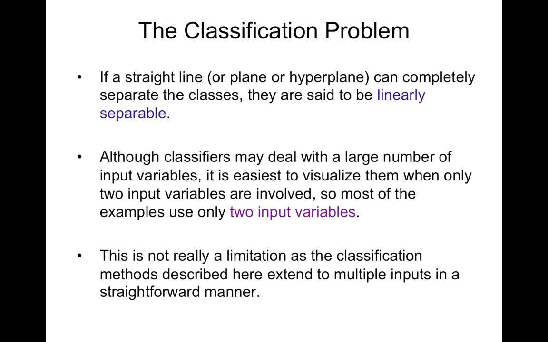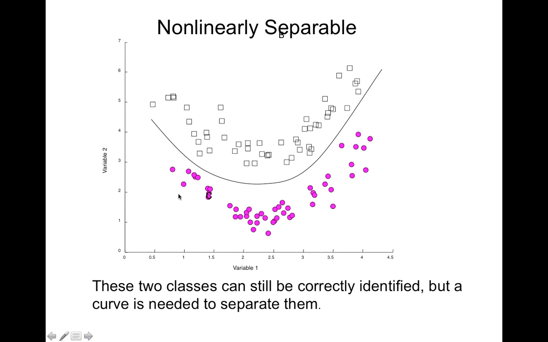Pattern recognition people would have a much better rule of thumb than I would, but basically you certainly don't want more, say, than 25% classifier variables or features of your total pool of test subjects. Now, there's not really a limitation on the variables, as the classifier methods described here extend to multiple inputs very easily.